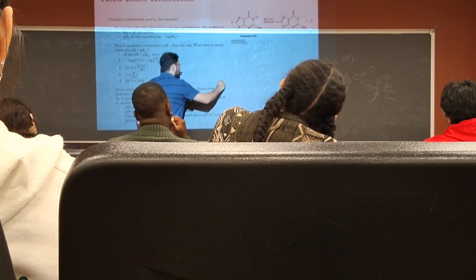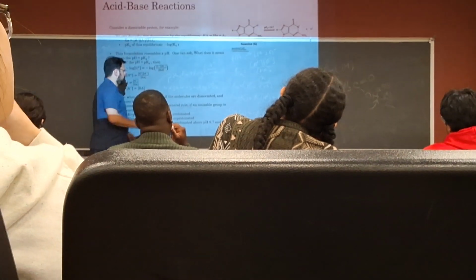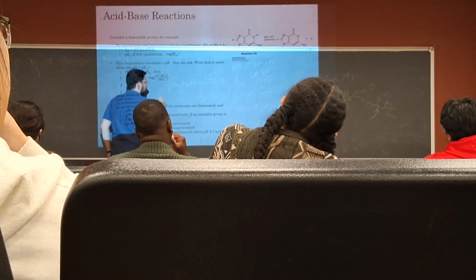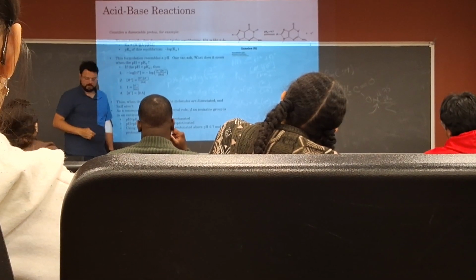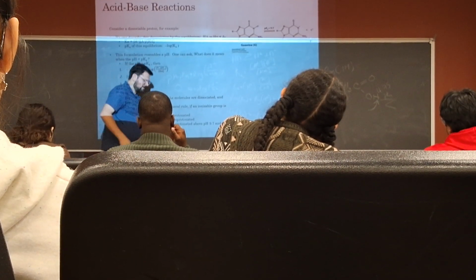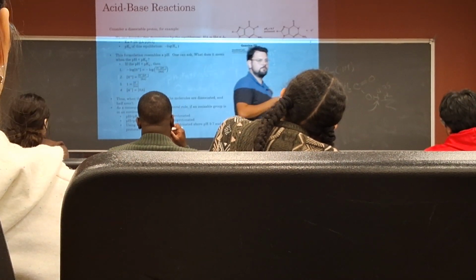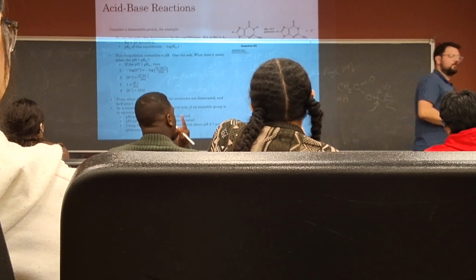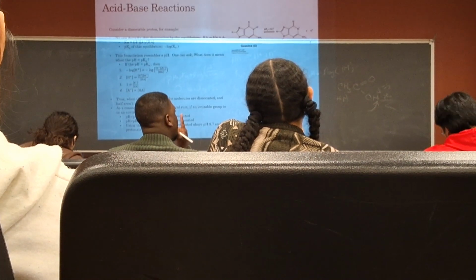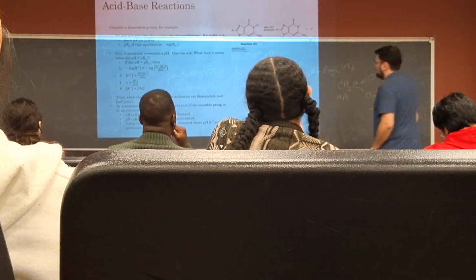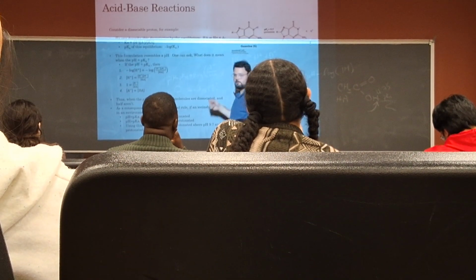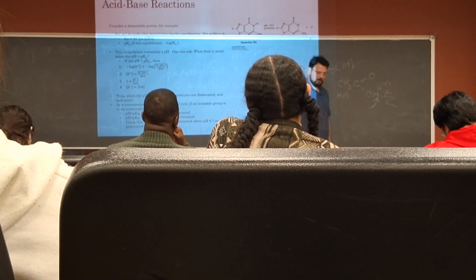If pH equals pKa, so 4.75 equals pKa 4.75 plus log A minus over HA, now let's subtract from both sides. So 0 equals log A minus over HA. So what must A minus over HA be? The log of what is 0? Log of 1 is 0. So that means A minus over HA must be 1.